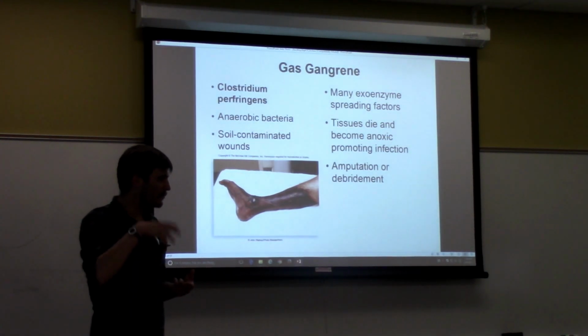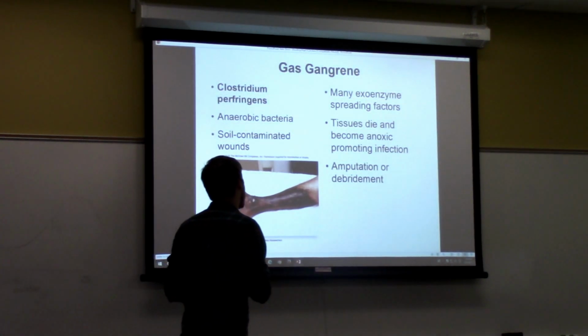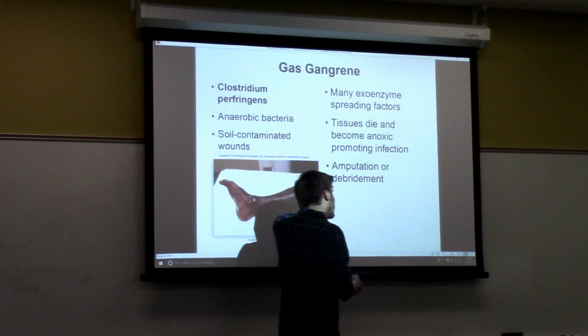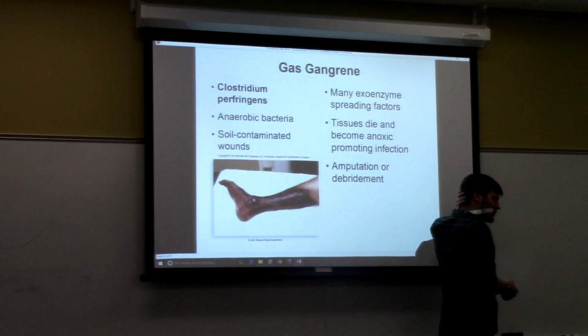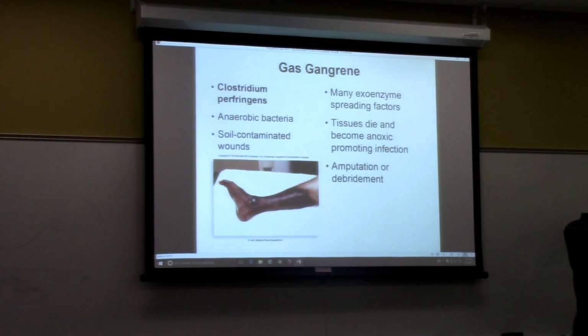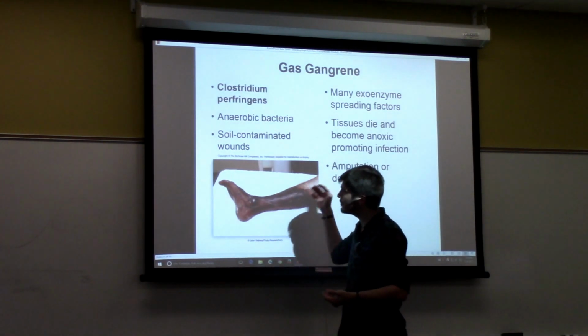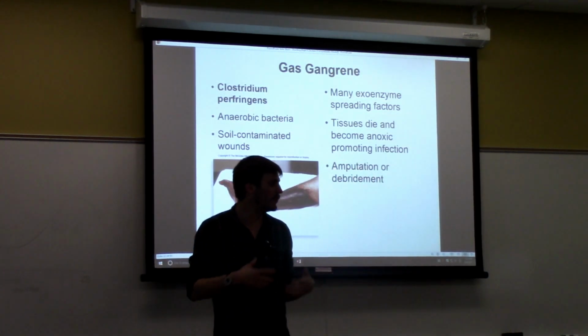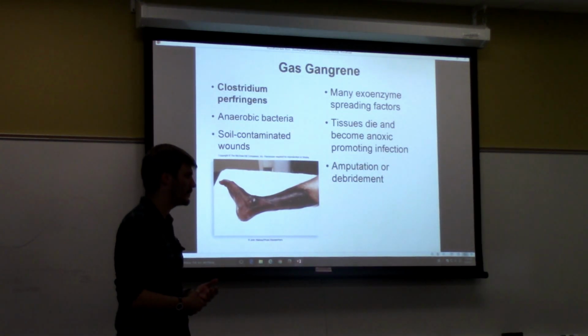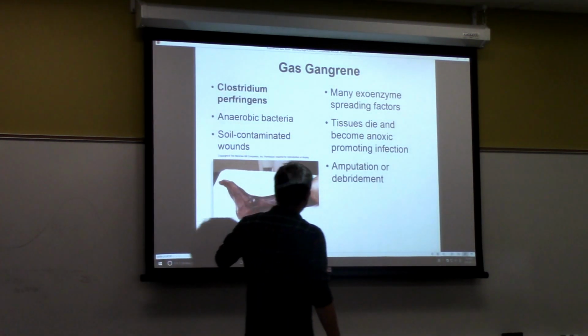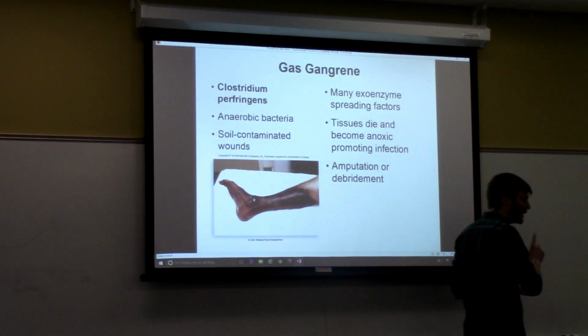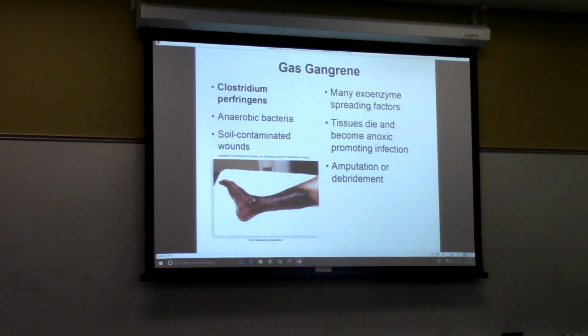Diabetes, poor blood flow because of genetics and things like that. The organism gets into this low oxygen tissue. It then begins to grow and divide, releasing toxins, which slowly destroy the tissue. This works its way up until you have to amputate and remove large sections of tissue. So the biggest take-home message here is that it is ubiquitous, anaerobic, and can only grow in low oxygen tissue.